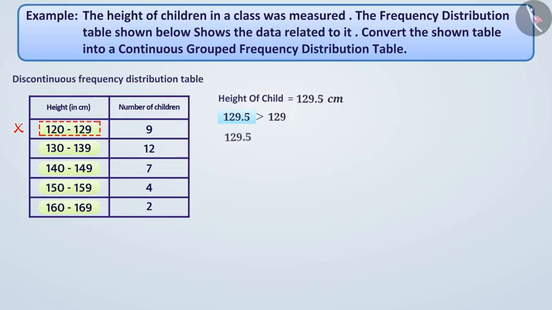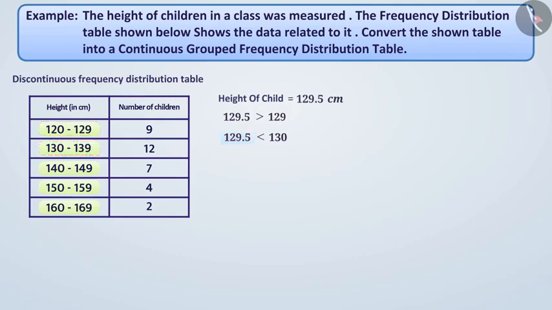Similarly, 129.5 is smaller than 130, so it cannot be included in the class interval 130 to 139. Thus, this number cannot be included in any class interval.